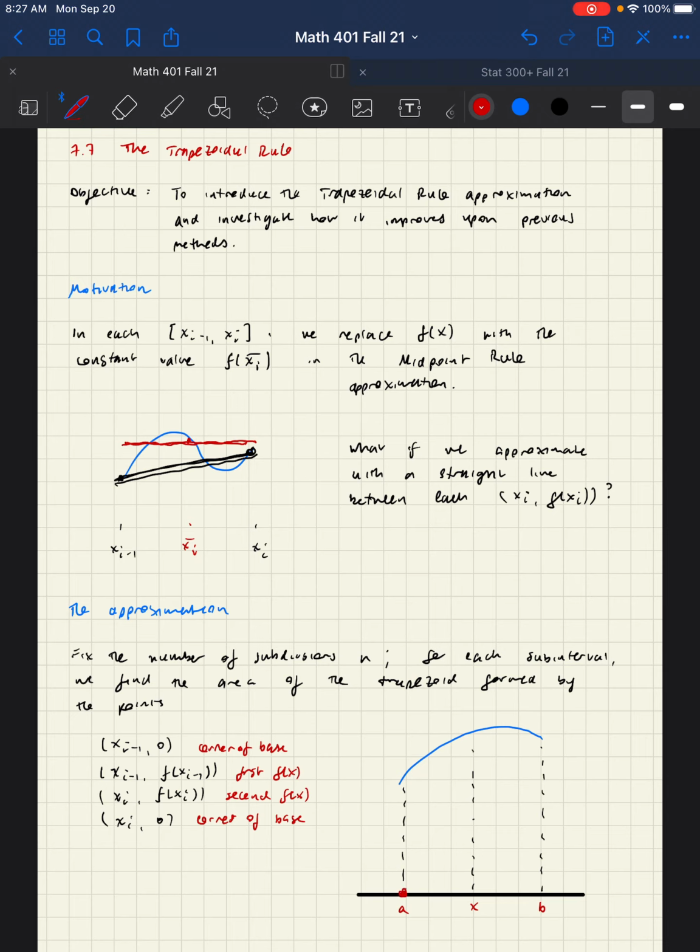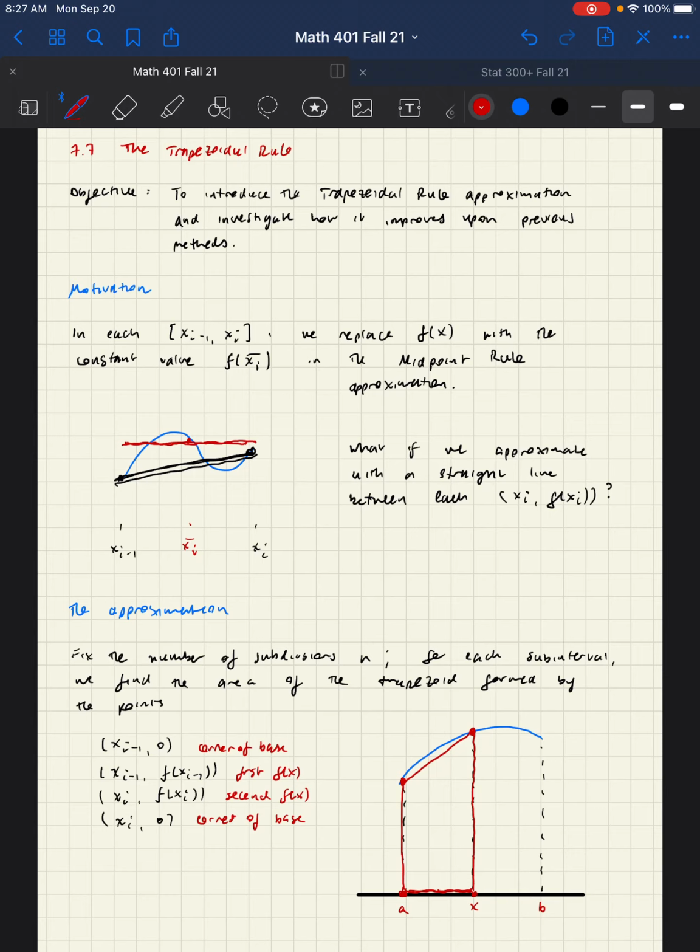What we do here instead is we take the first corner of the base, x sub i minus 1, 0, in this case the first point, then the function value there, then the function value at the next point, separating the subintervals, and then the point on the base. So you end up getting this shape.